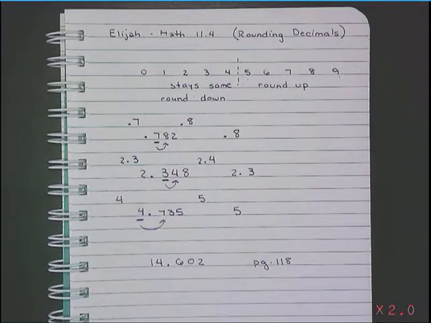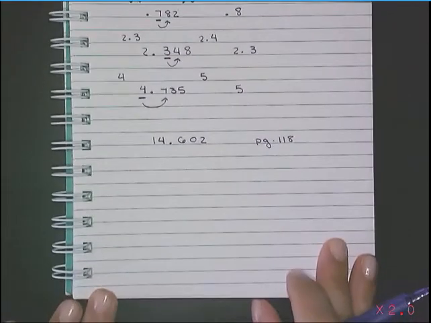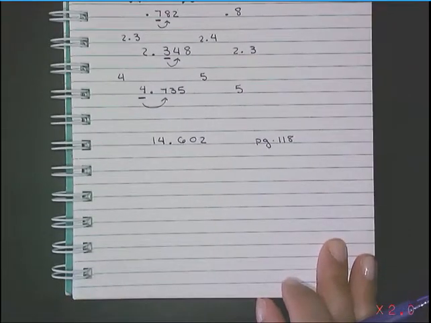Then you have a couple of questions like numbers 4 through 6 and 13 to 15, where they have already rounded the number and they're asking you which place value they rounded to.